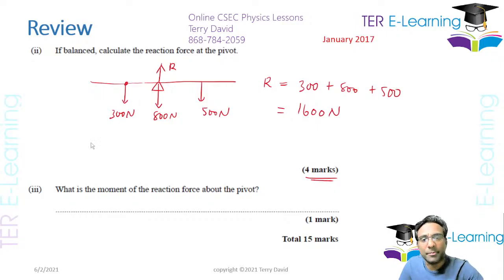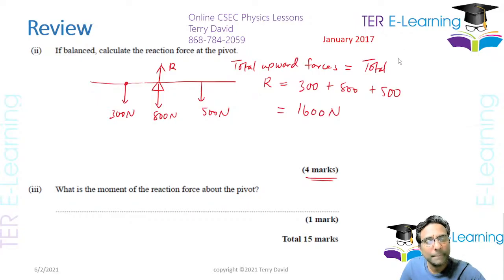So if you want to put a proper statement, you can say total upward forces equal total downward forces. So this is a very easy calculation if you know what you're doing in this case here.